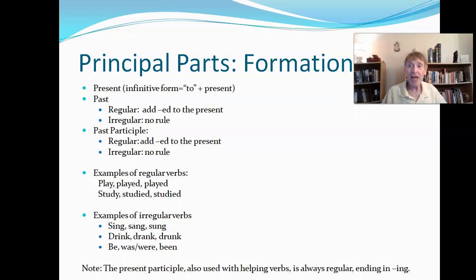So here we have another term that you really kind of need to know, and that is regular and irregular. Regular, obviously, is the usual, ordinary, plain vanilla form, and irregular is a verb that does not follow the rules. We could call it a bad verb for not following the rules, but instead we call it an irregular verb.